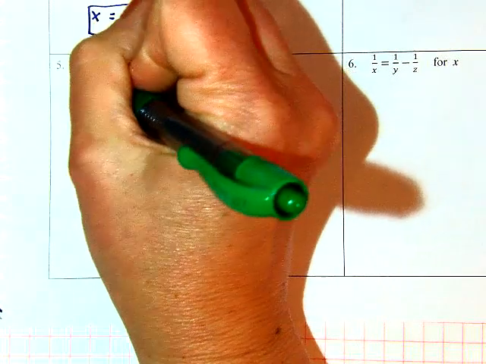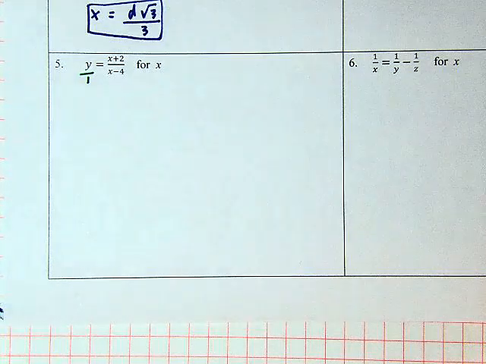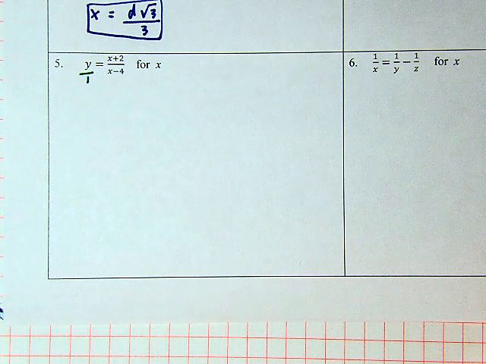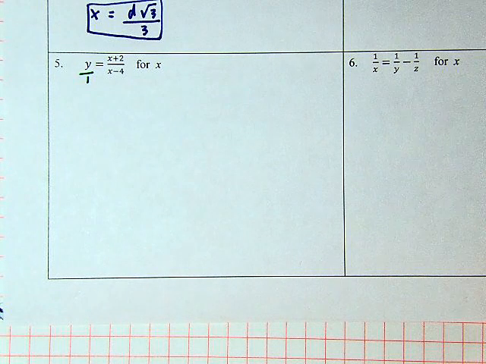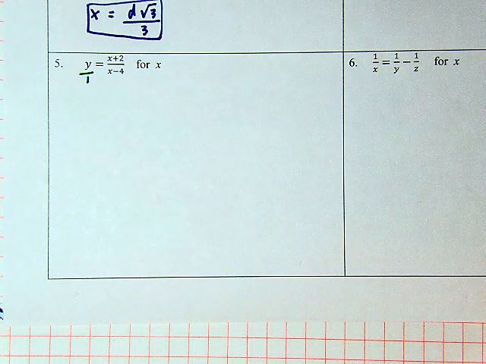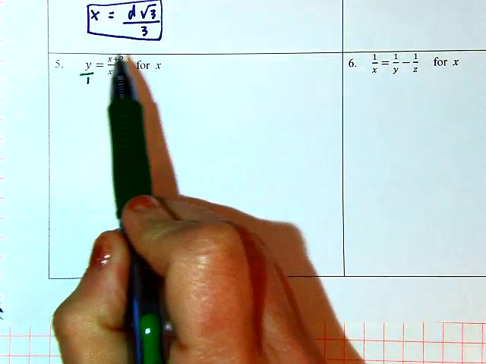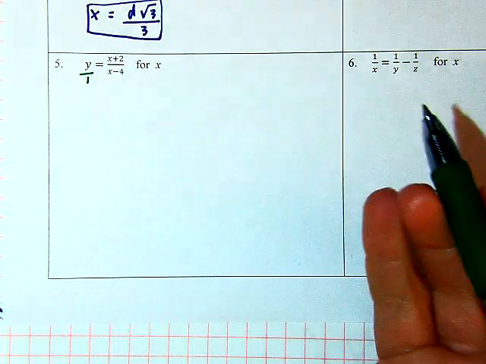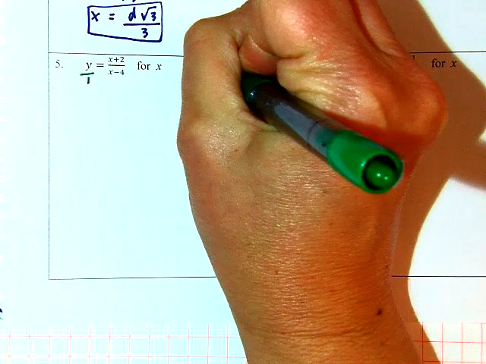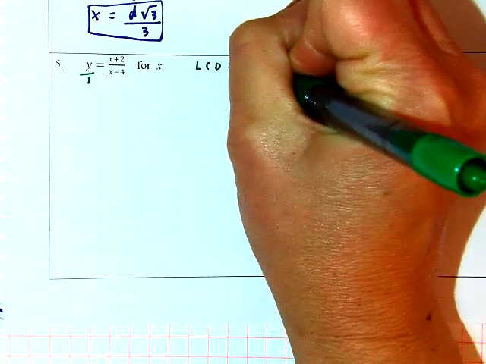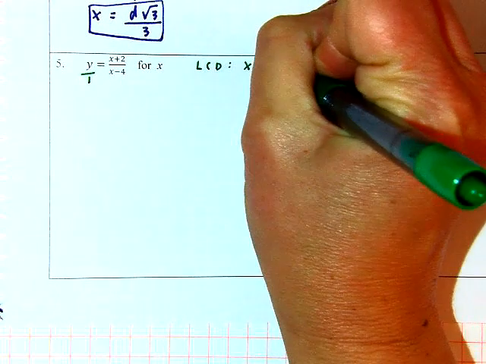I could do 2 things. I can picture this as a proportion and picture that I'm really just cross-multiplying. I can do that. That's fine. Or I can picture that I'm multiplying each side by my least common denominator, which would just be x minus 4.